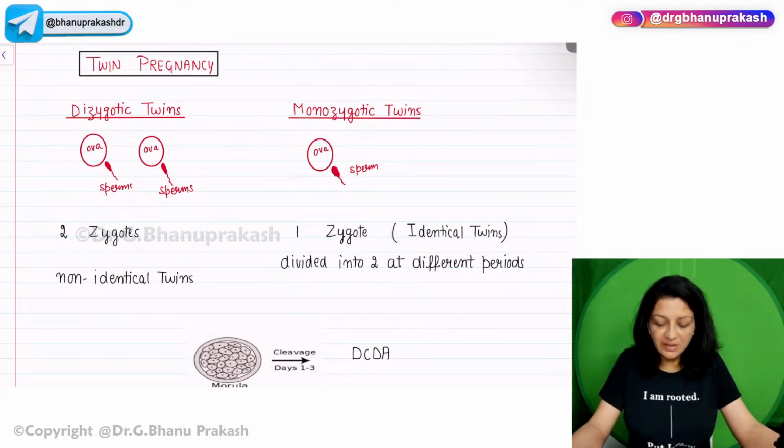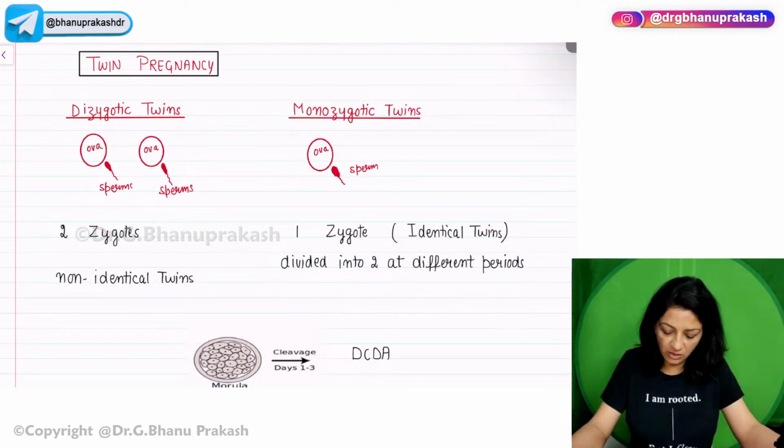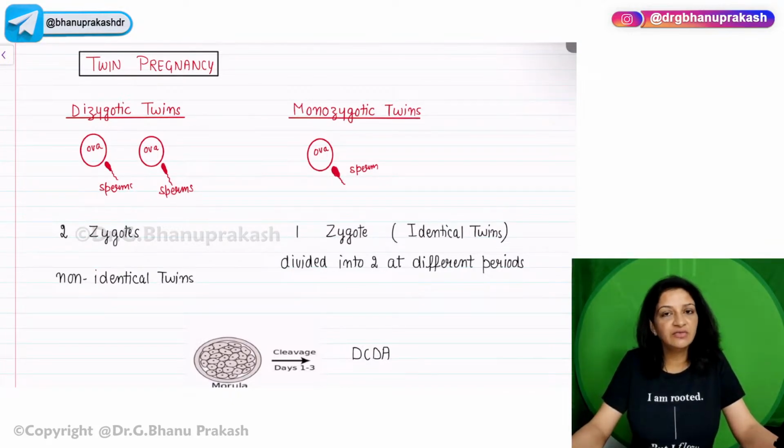You should be confirmed that twin pregnancies are of 2 types, dizygotic and monozygotic. In dizygotic, there is a fertilization between 2 sperms and 2 ova and formation of 2 zygotes, and these are non-identical twins.